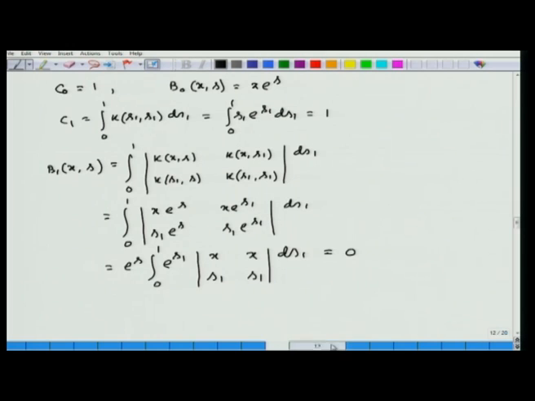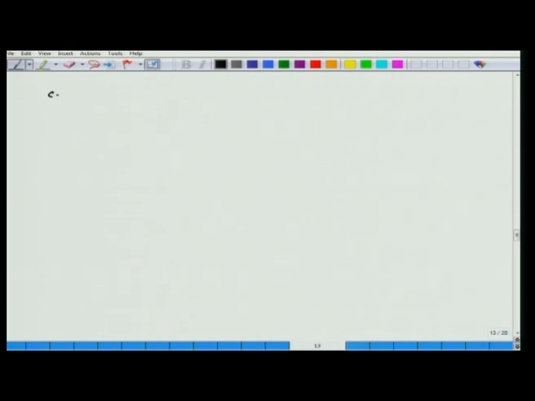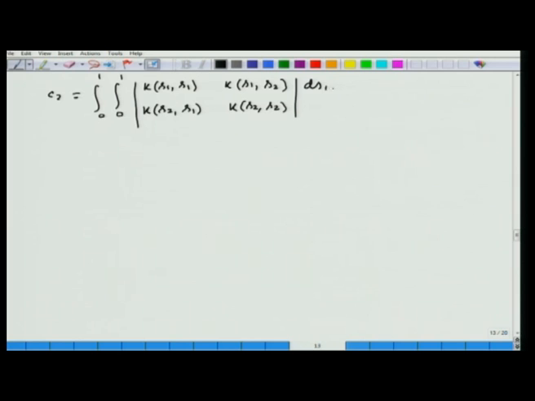Next, if we calculate C2, this will be equal to double integral 0 to 1 determinant k of s1 comma s1, then k of s1 comma s2, second row k of s2 comma s1, and then k of s2 comma s2, ds1 ds2.